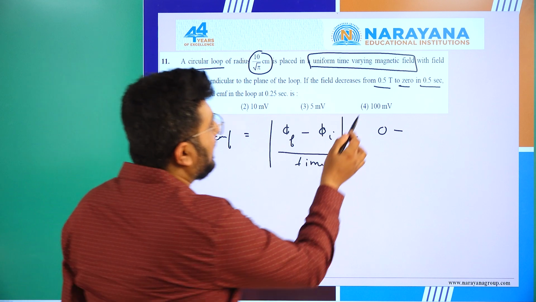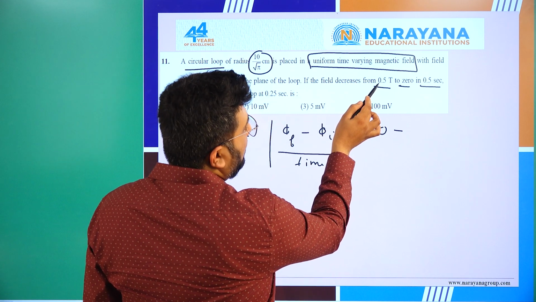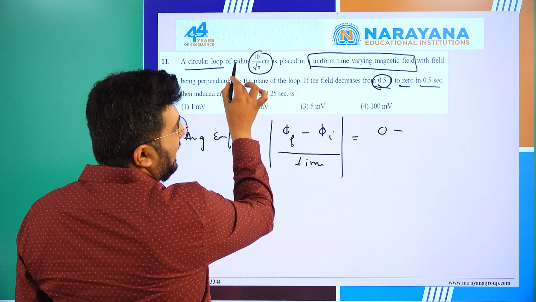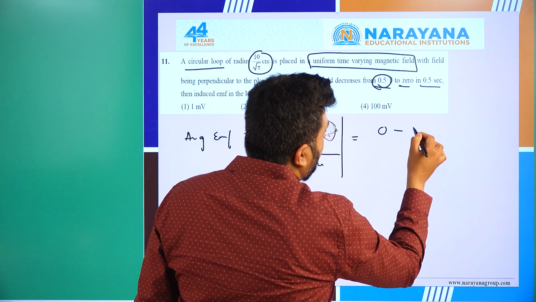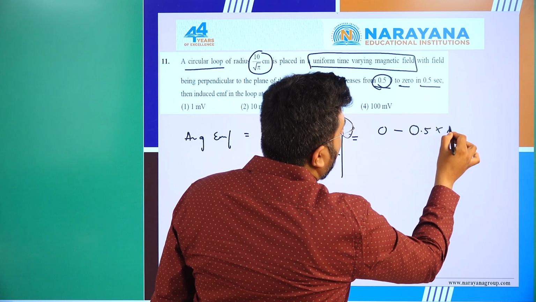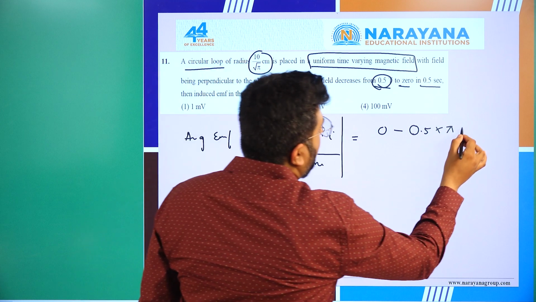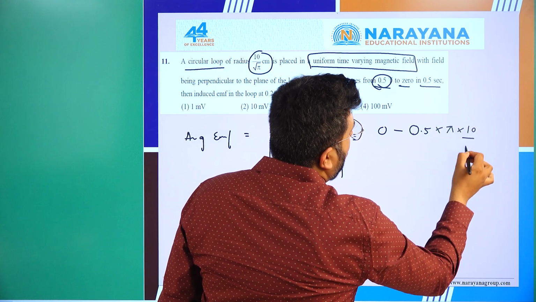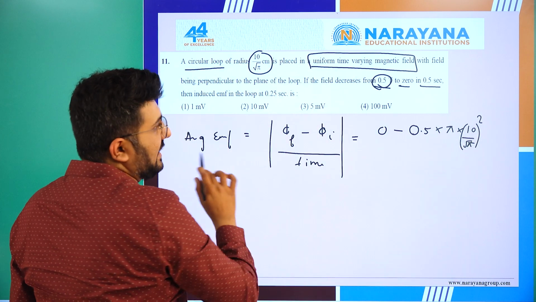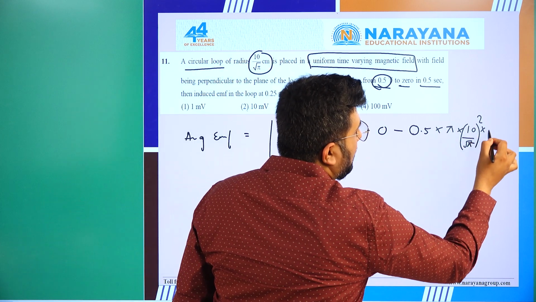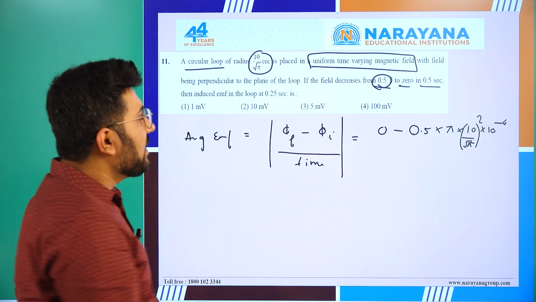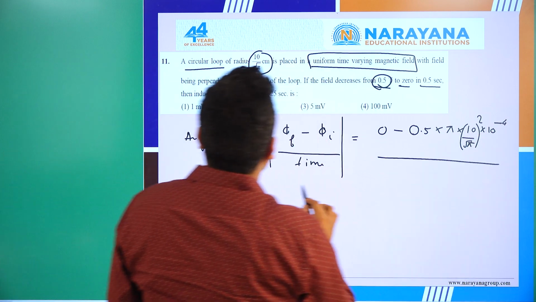The magnetic field initial is 0.5 Tesla, and from here I'll get the area. So I'll write 0.5 multiplied by the area, pi into 10 by root pi whole square, and because it is in centimeter, let's convert it into SI unit, 10 raised to the power minus 4, divided by the time taken.